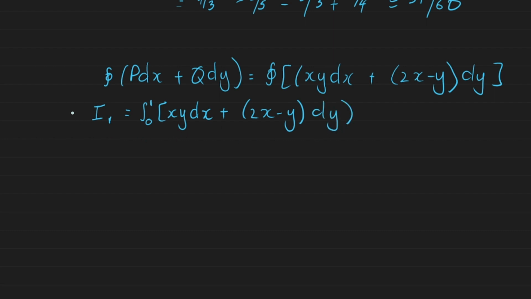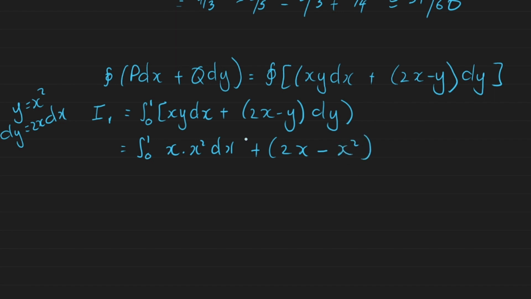Of course, we know from the curve that this first part, C1, corresponds to y equals x squared, and dy is equal to 2x dx. Substituting all of those things, we get the integral from 0 to 1 of x times x squared dx, that's the first term, plus 2x minus y, where y is x squared, and dy is just 2x dx, so it's times 2x dx.